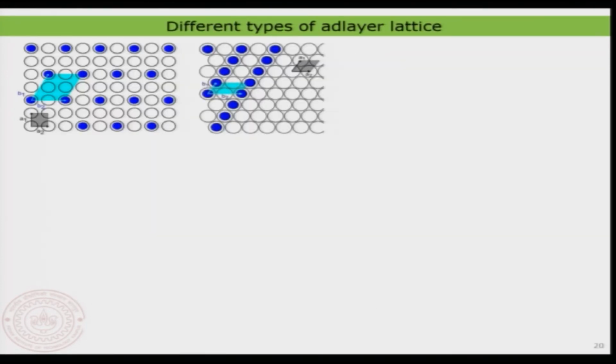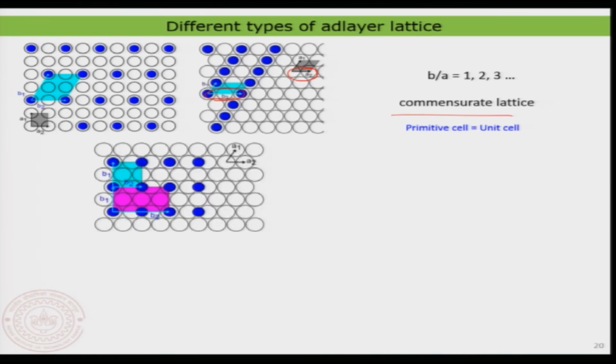Now, one more important point I would like to mention is that there is a general classification of Adlayers. If the Adlayer lattice vector divided by the unit lattice vector of the surface comes out to be integer numbers like 1, 2, 3 and so on, then you call this lattice a commensurate lattice. That means the lattice is in commensuration with the surface.